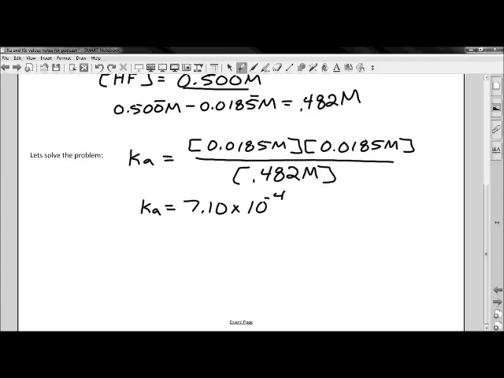Well, this is the Ka value, and you're going to probably like this a lot because Ka values do not have units, so you don't have to worry about a unit here. You might want to pause this right now and look back over what you did, and we're going to move on to another problem and do some more steps with this.